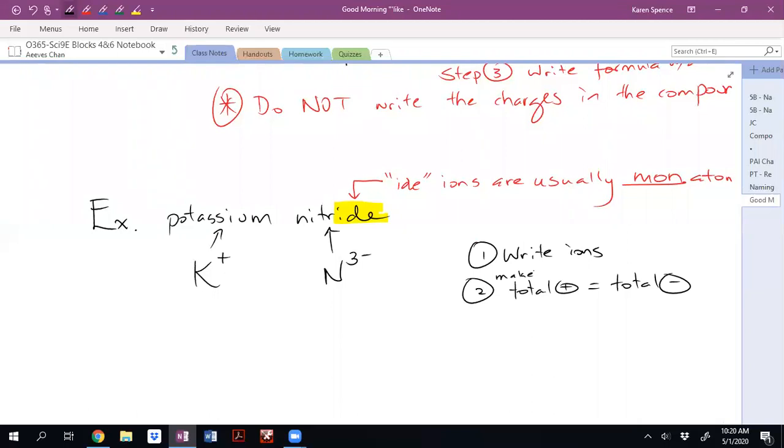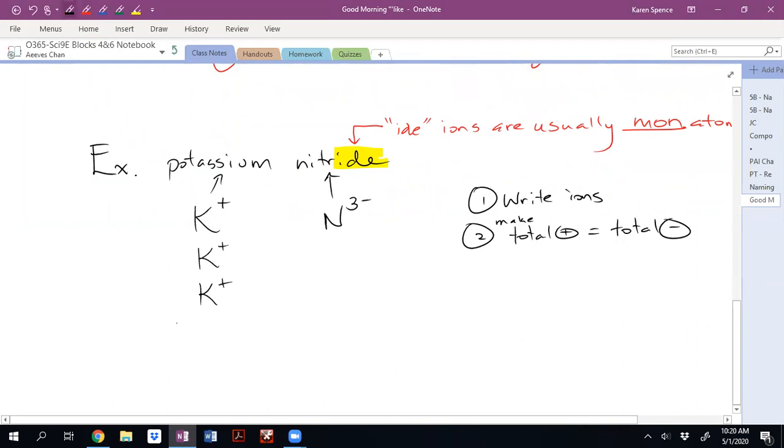So I am going to need more positive charge because right now I've got 3 negative and only 1 positive. If I add 1 more potassium, that gives me 2 positives, still not quite enough. I'm going to add a third potassium, and that's going to give me a total of +3, which is equal and opposite to my -3.